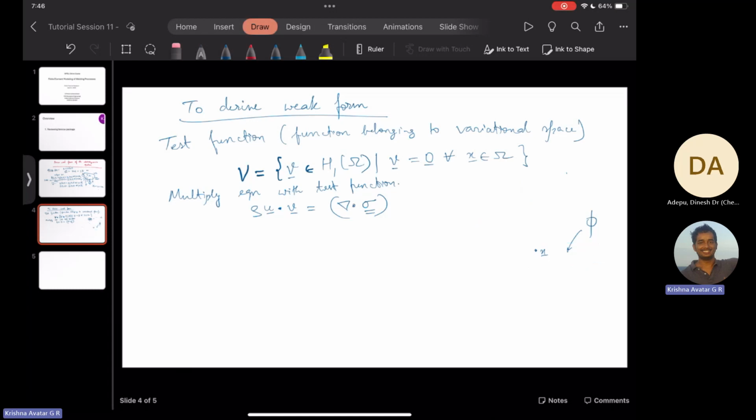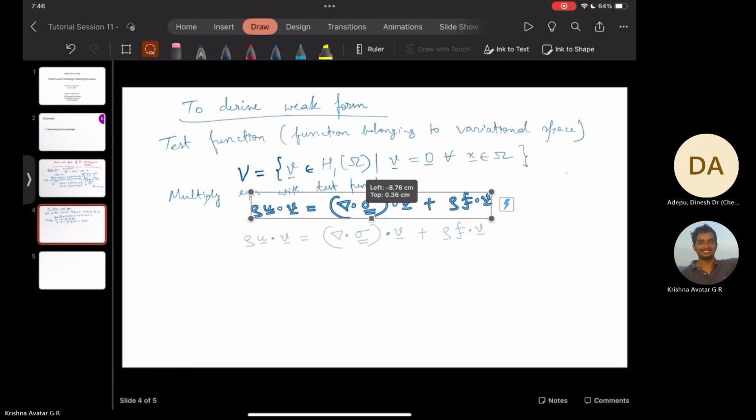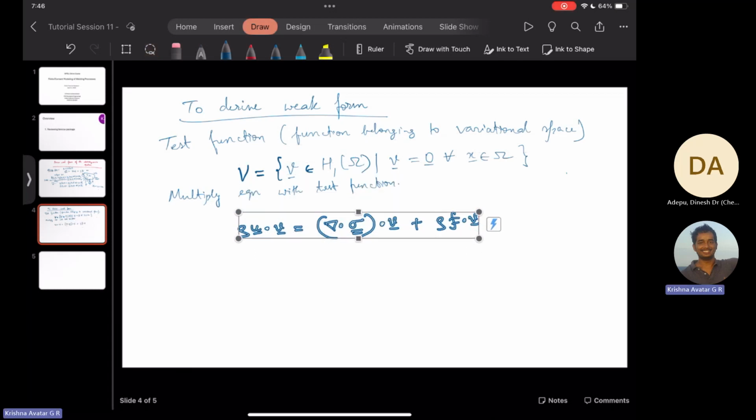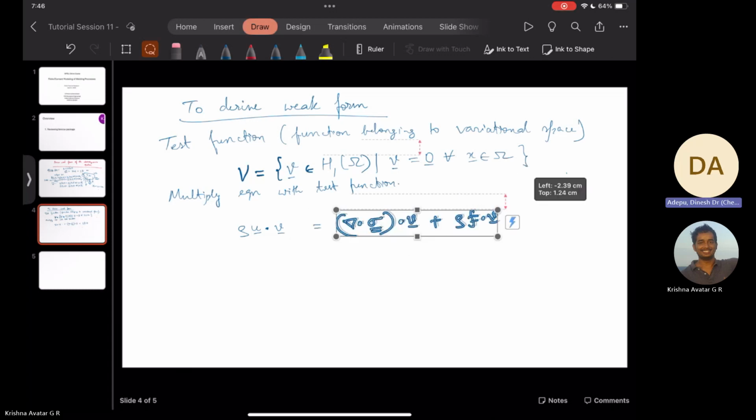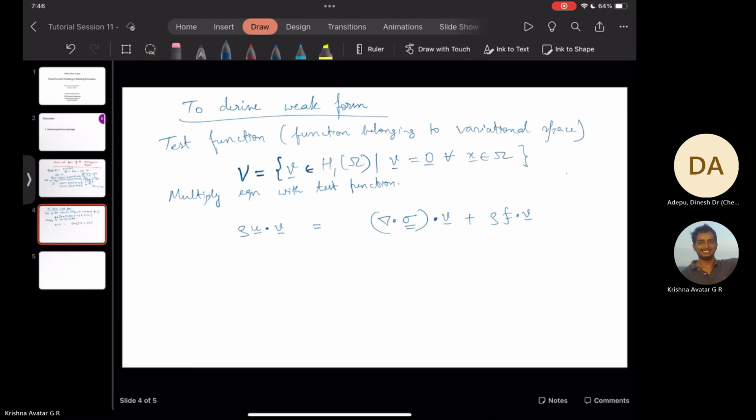Okay, so returning again, now we can multiply the divergence of sigma plus rho F vector with the V vector, and then we have to integrate on both sides with respect to d omega.